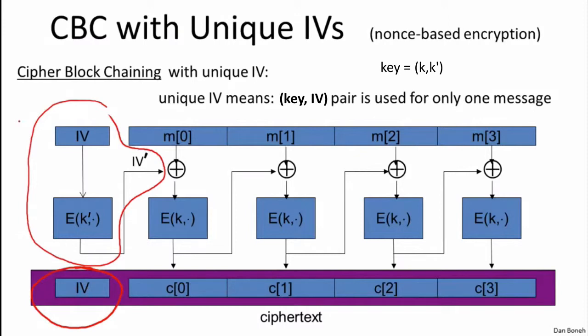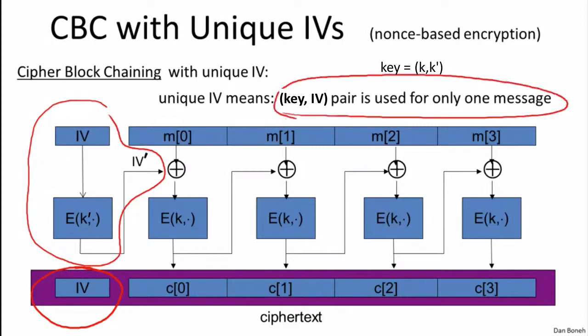Okay, sometimes, by the way, this is called nonce-based encryption because we're not encrypting using random data, we're only encrypting using a nonce that's unique for every message. And again, I wrote down the specific requirement here. If you fix the key, the nonce has to be unique for every message. Of course, once you change the key, it's fine to reuse the same old nonce.